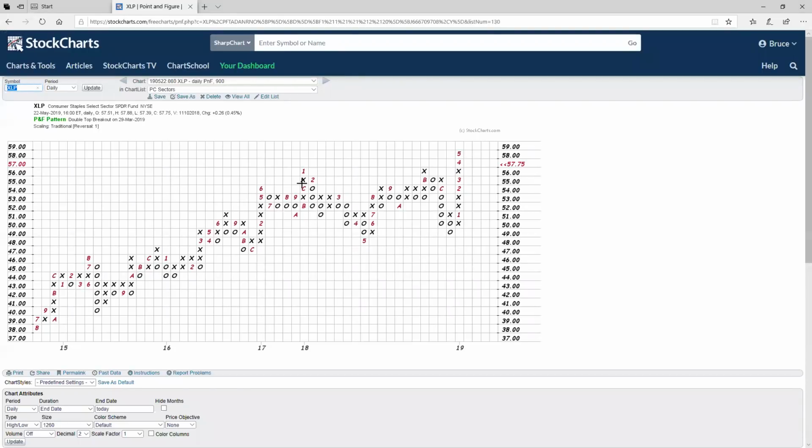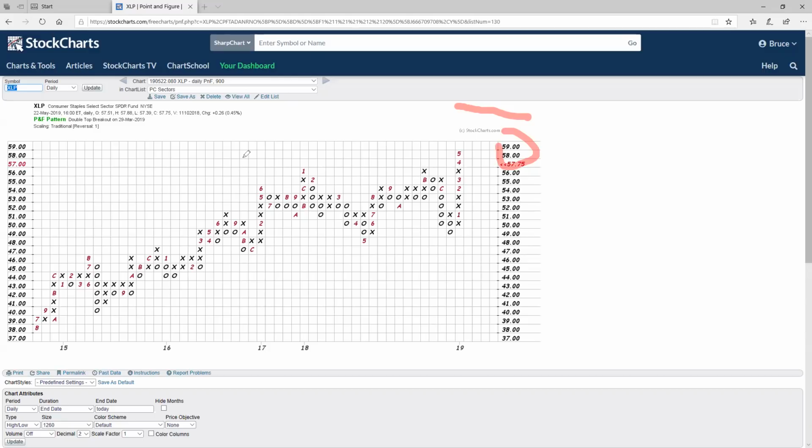And we're going to take from this place where weakness occurred, and count from here over to here. Then this will give us a count of 16 plus 48, which takes us to 64. And so our objective is up here in the $64 area, which is higher than where we are now.